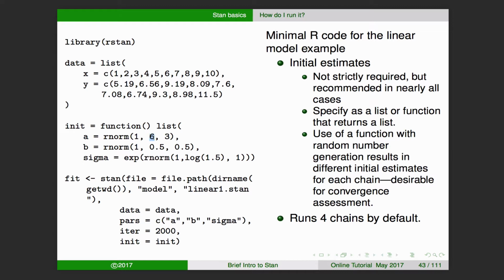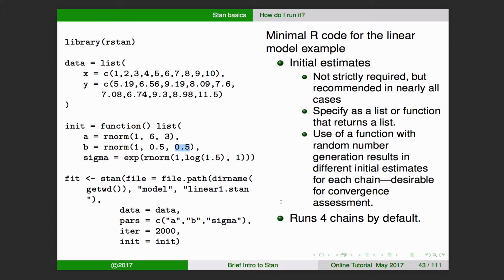I center them at a point which I think is reasonable, and then specify some variation around this, so that each one of the chains will begin at a different starting point that is hopefully not absurdly far away, but it still provides some test of convergence.